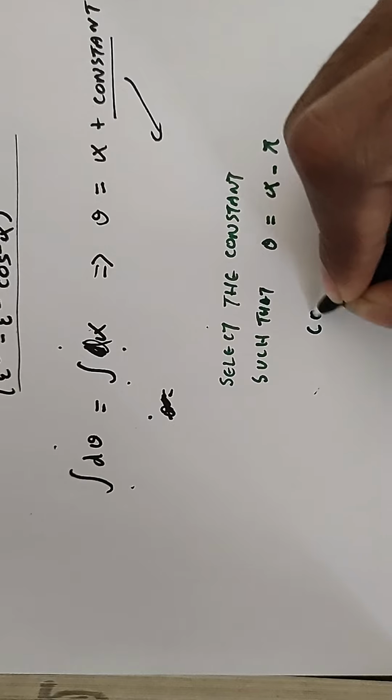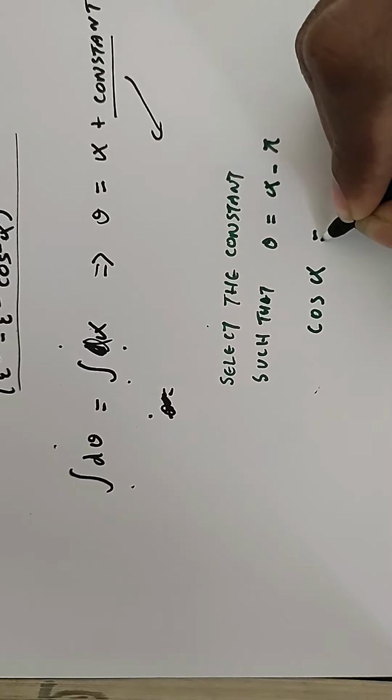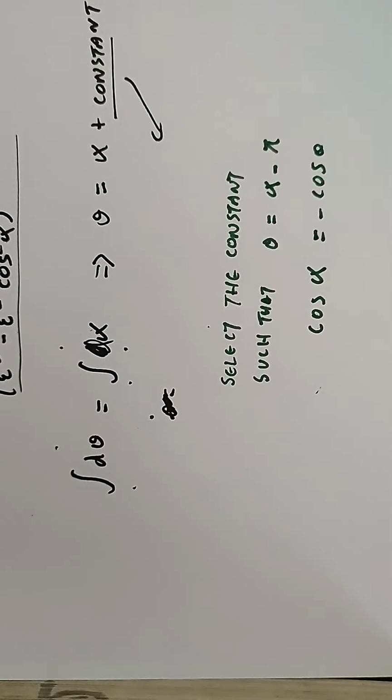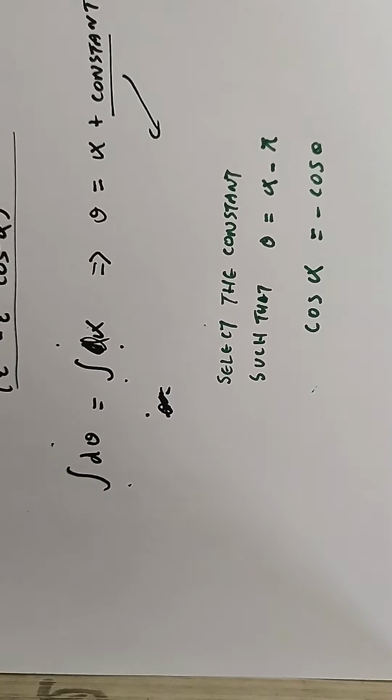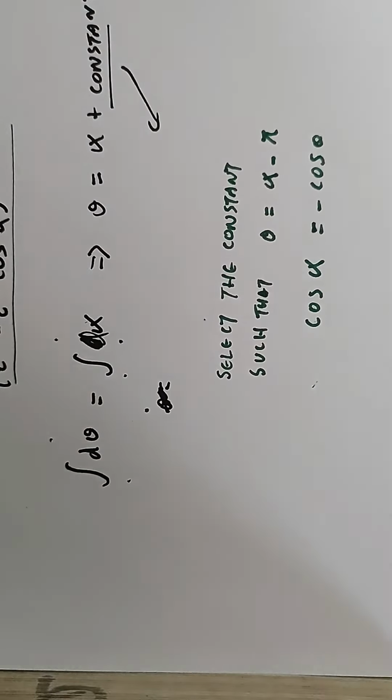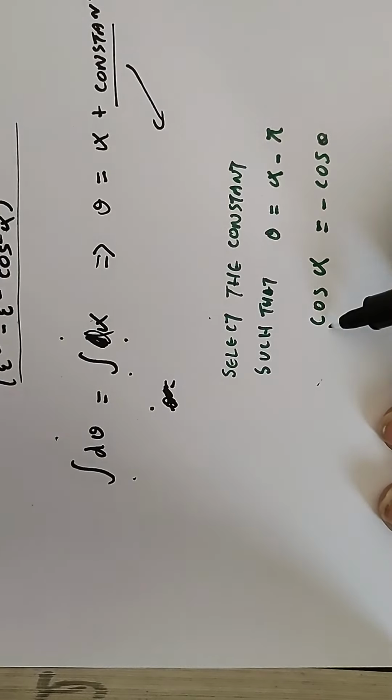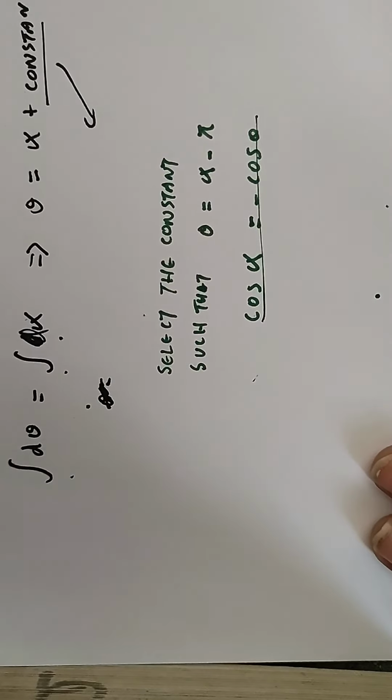So I get cos alpha is equal to minus cos theta. What I did was I selected a constant such that theta is equal to alpha minus pi, and I got a cos alpha equation which is equal to minus cos theta.